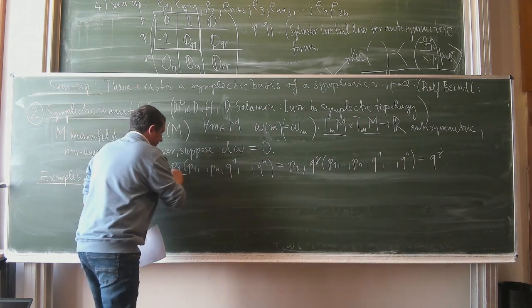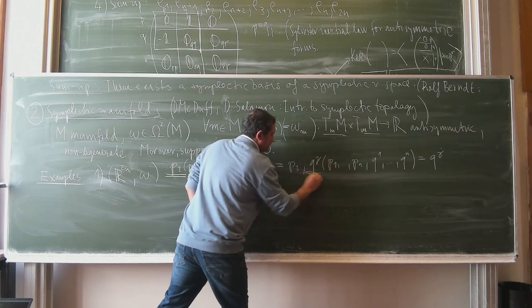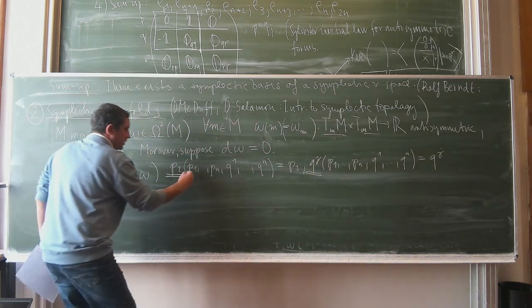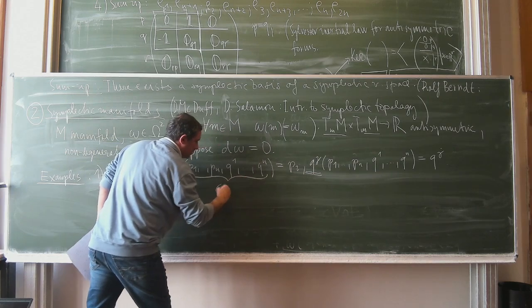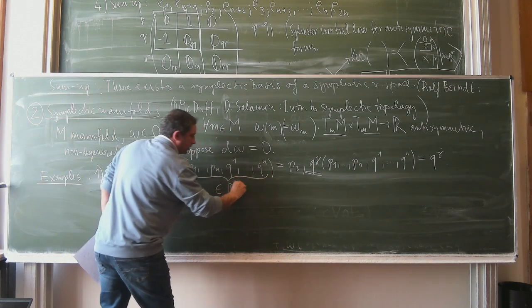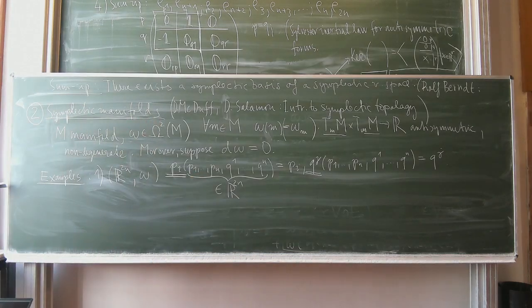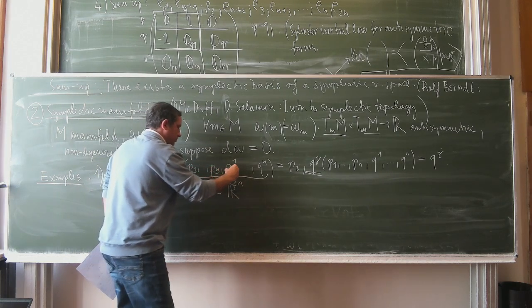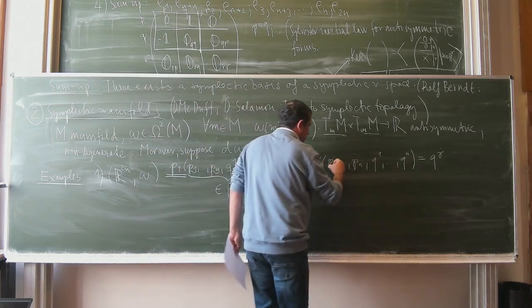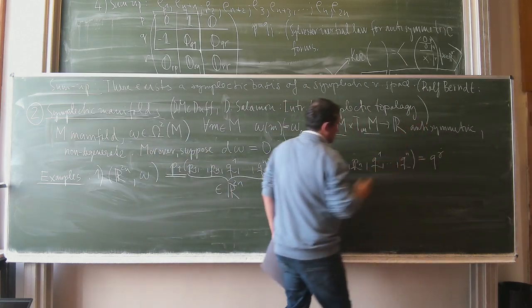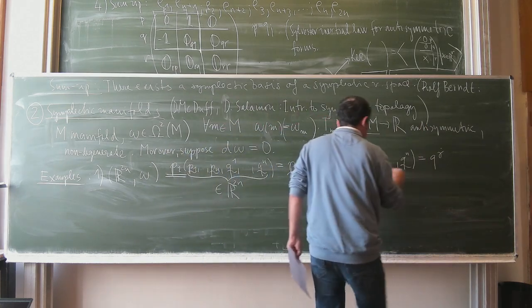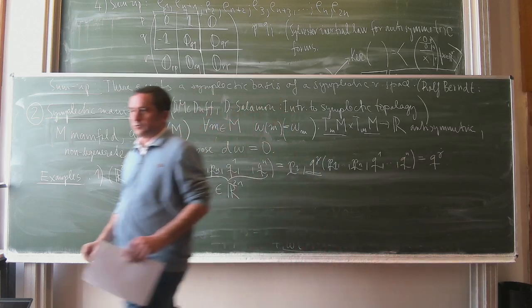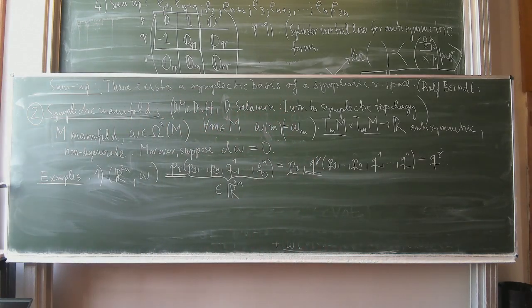So these are coordinates on R2n. In order to make it really unambiguous, one should maybe underline some variables. We shall often not do it.